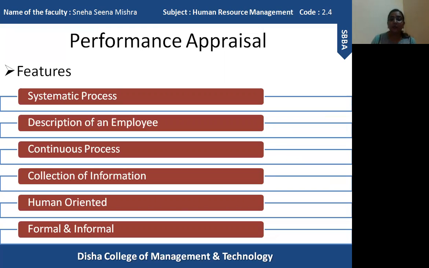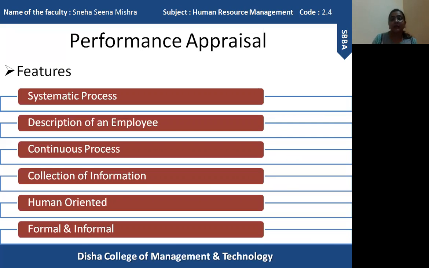Okay, the second one is description of an employee. So a performance appraisal report represents or describes an employee regarding his or her performance, how many tasks the person has done properly, behavior, and also it explains about the strengths and weaknesses of an employee. What are the areas in which the employee is very strong?